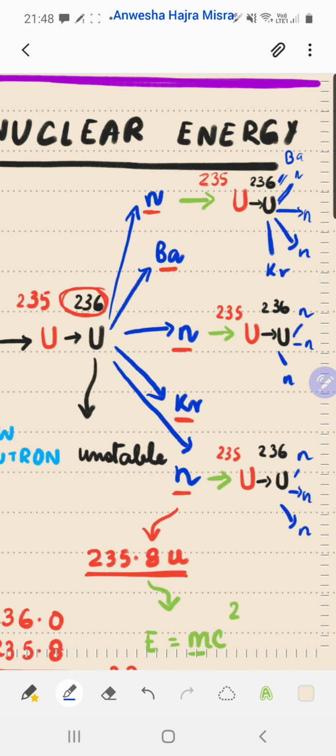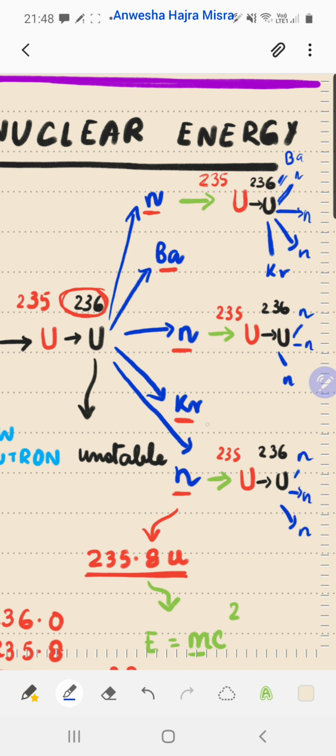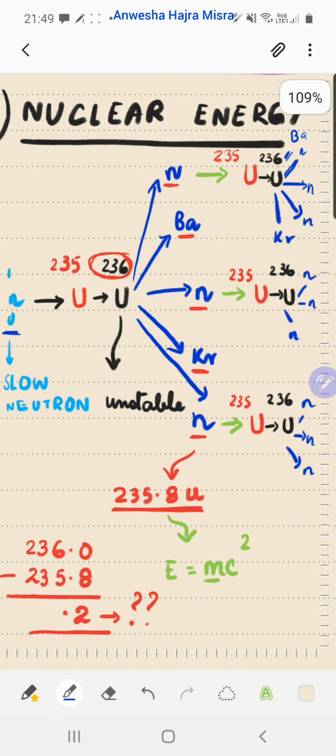Now one neutron gives out 3 neutrons. These 3 neutrons will go and hit 3 uranium-235, and they will give out 9 neutrons. Again these 9 neutrons will give out 27 neutrons. Each neutron will cause one reaction, and for every reaction, the energy E equal to mc squared is quite large.